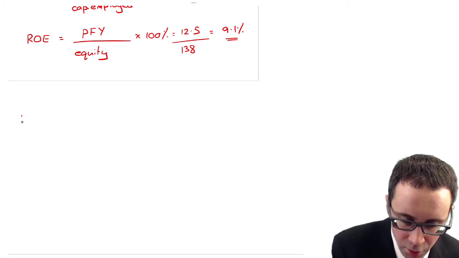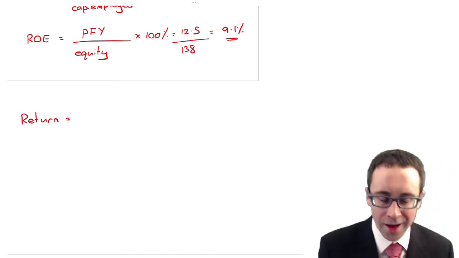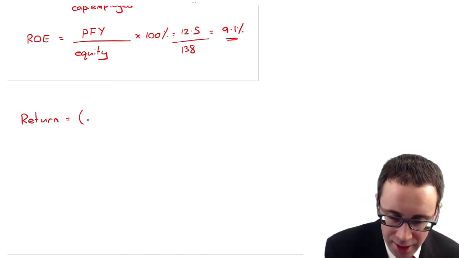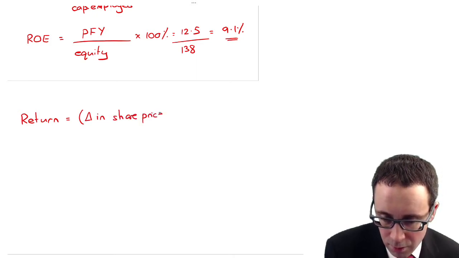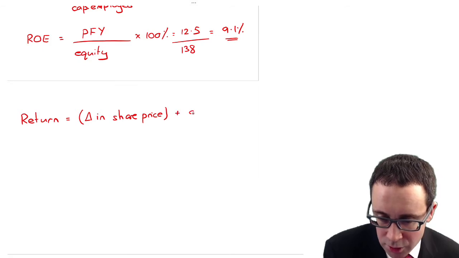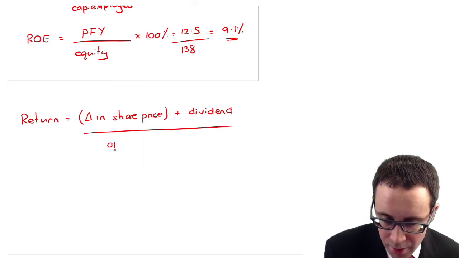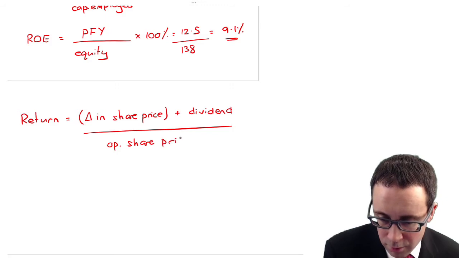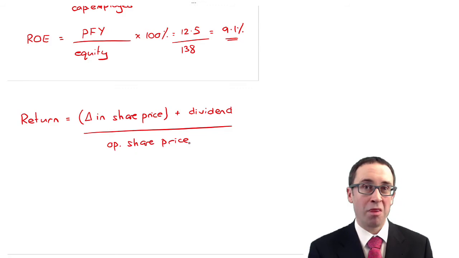So what we've got in terms of our return is we can look at the change in your share price plus your dividend divided by the opening share price, isn't it? Okay, that's it.